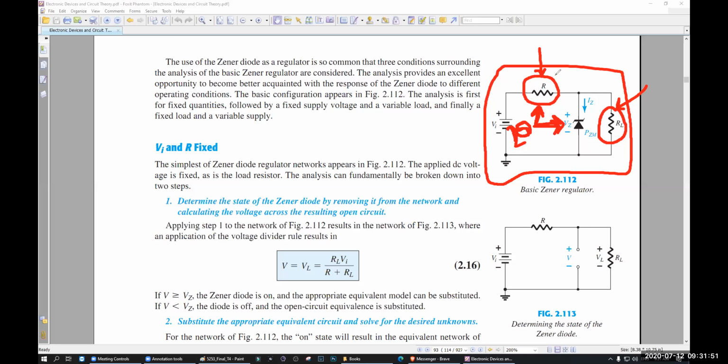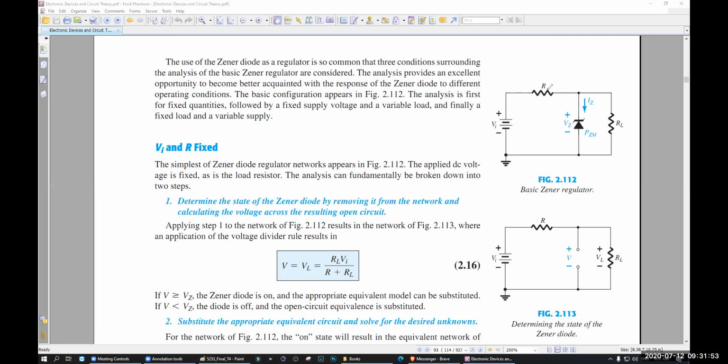Now, here you have to understand that the amount of voltage this resistance is getting will determine the current. Let's say this is IR. This IR will be divided into two parts: one is IZ, another one is IL.